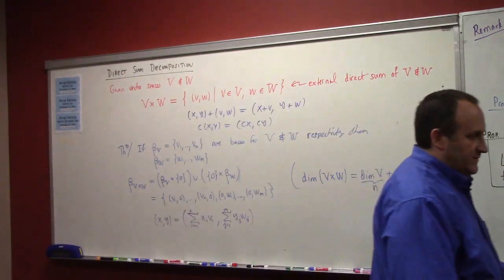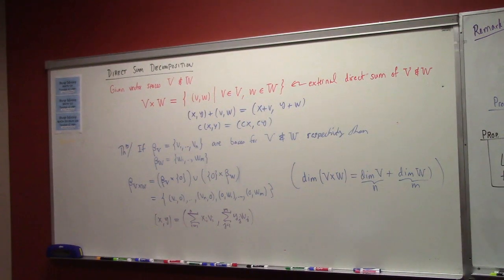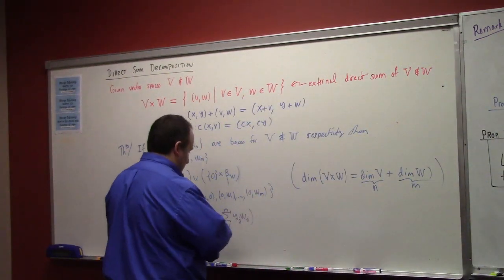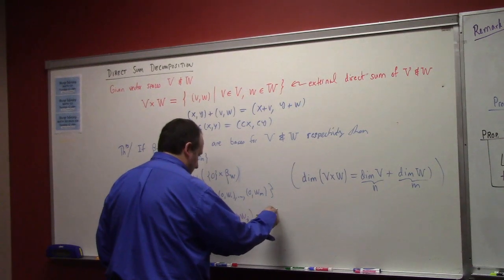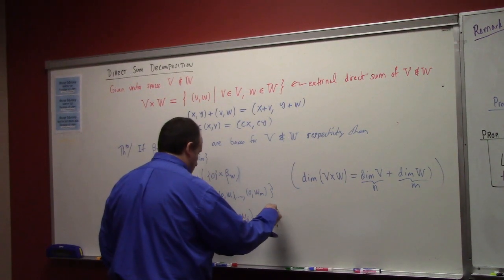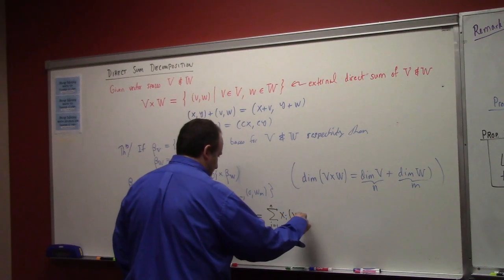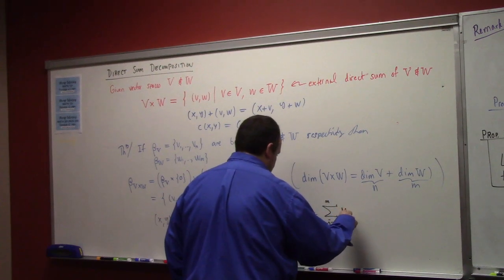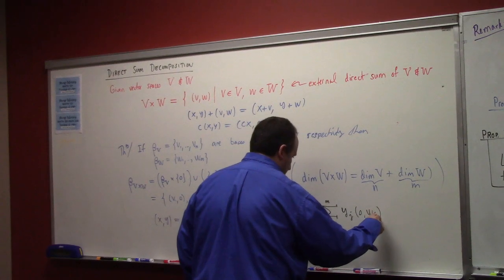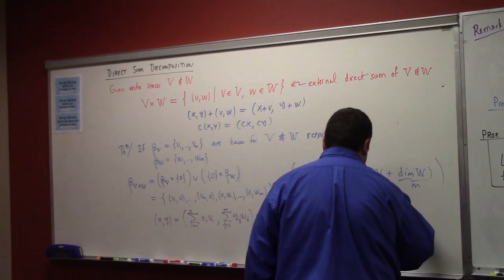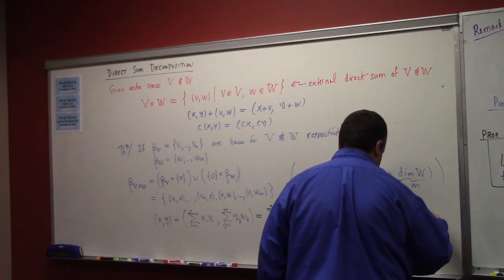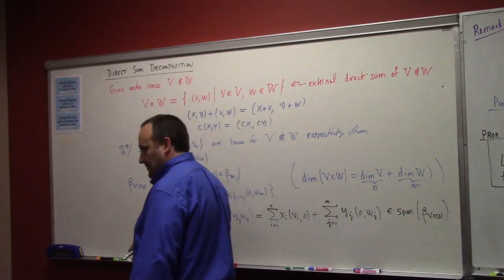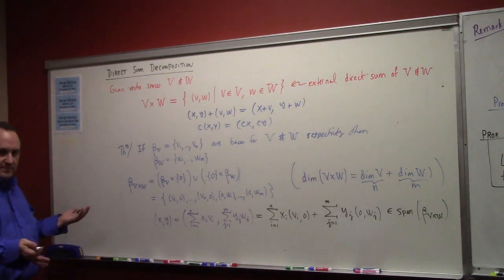Then by the definition of the vector addition here, we pull the sums out, and basically you can rewrite this as a sum over i equals 1 to N of Xi (Vi, 0) plus the sum j equals 1 to M of Yj (0, Wj), which is obviously an element of the span of my alleged basis for the Cartesian product of V and W. So it's a spanning set.